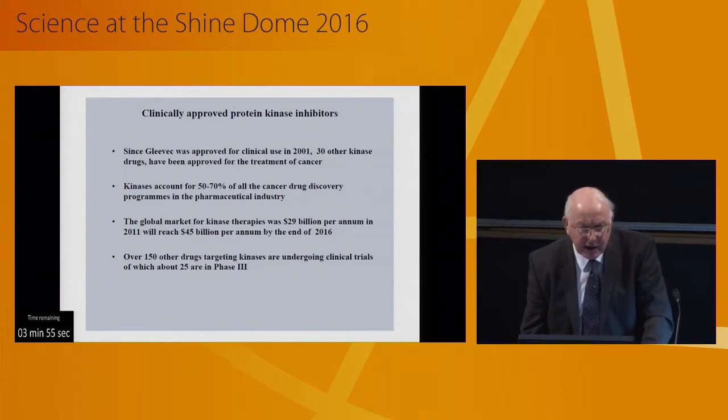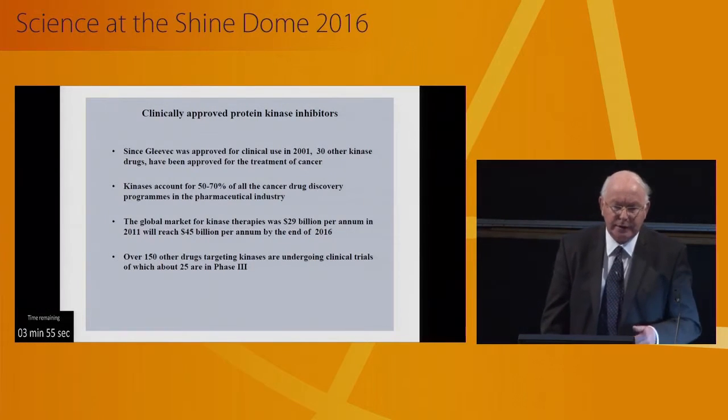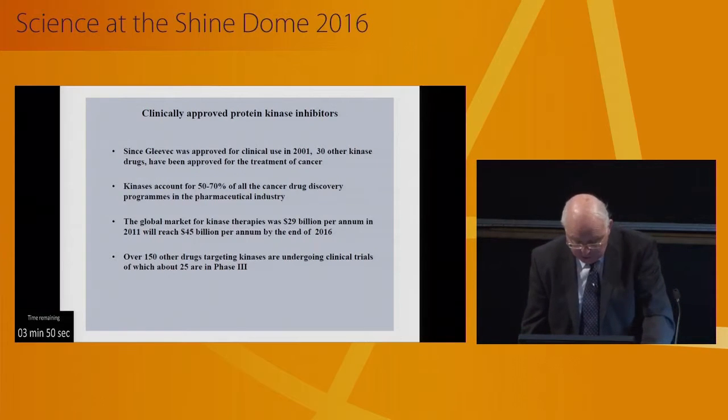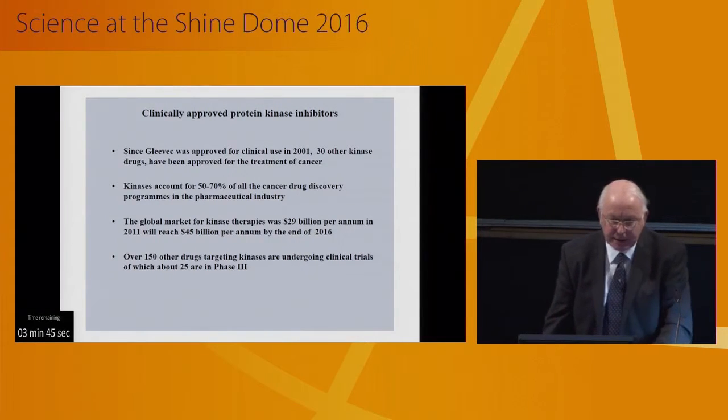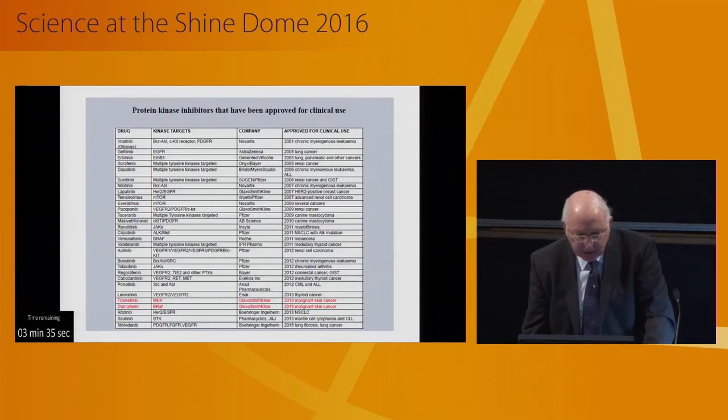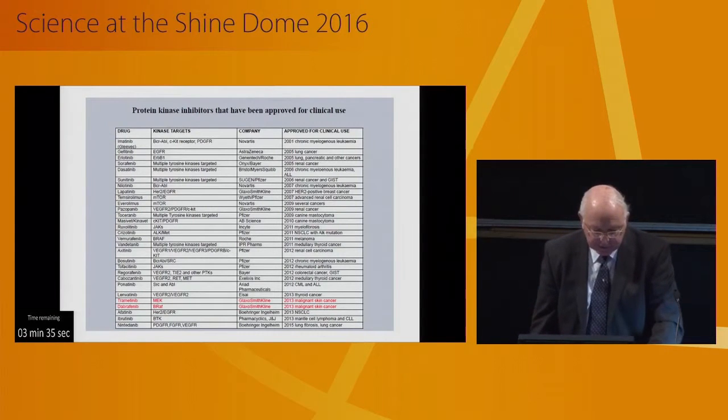And there are over 150 other drugs that target kinases currently undergoing clinical trials, of which about 25 are in the late stages of clinical trials. So it's pretty clear that we'll be approximately doubling the number of kinase drugs in the next 5 years or so.